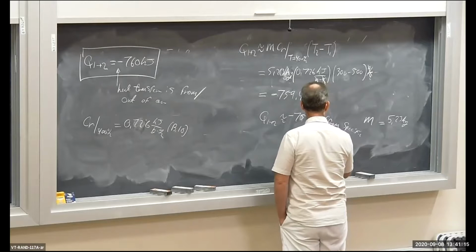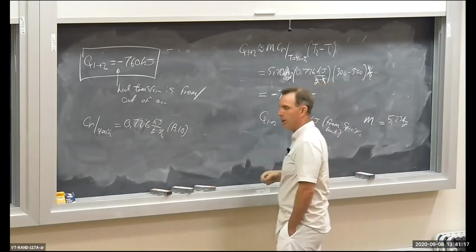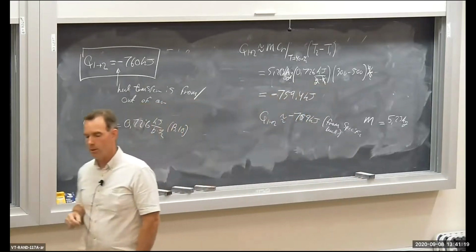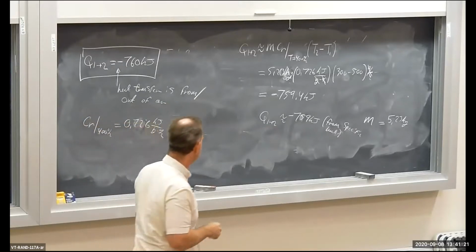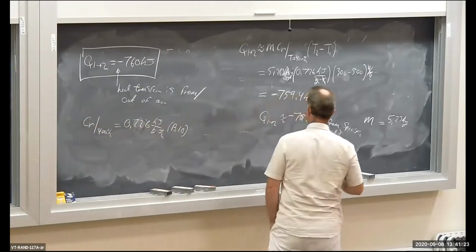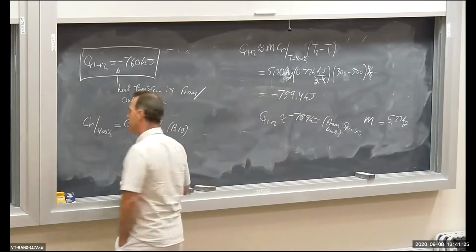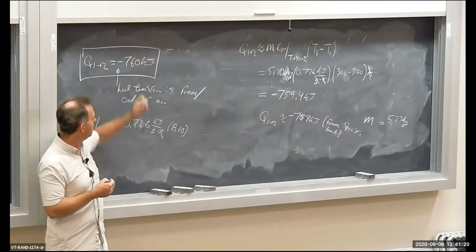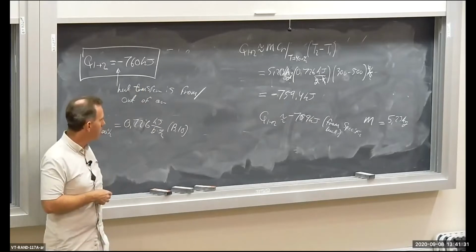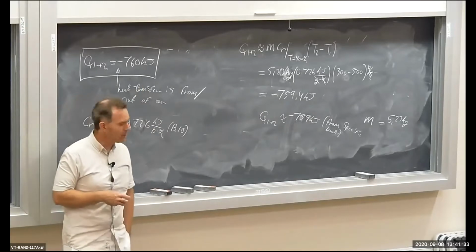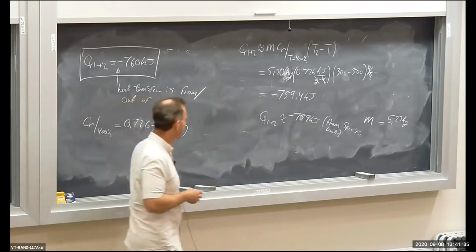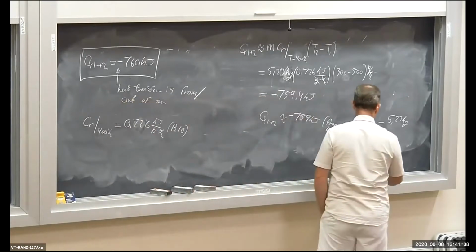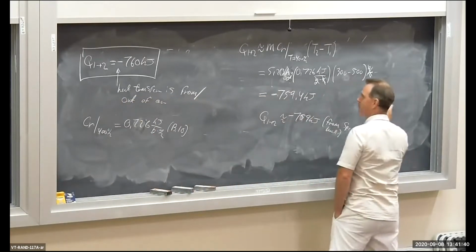Assuming a constant specific heat, this is a back of the envelope check for our calculated value. It's a good idea when you do a calculation to get it from different means. So let's get this cleaned up.